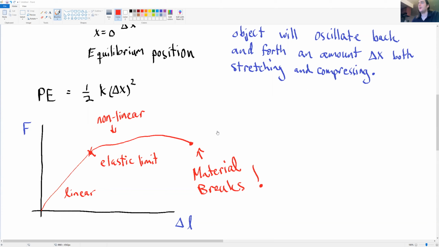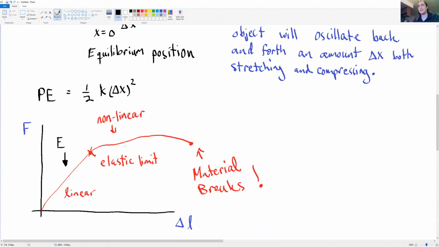Yes, yeah. So for example, the elastic modulus, sometimes called the Young's modulus, is basically telling you how this region right here behaves. In your book, they give it a letter E. It's essentially K from Hooke's law, but we call K the spring constant.